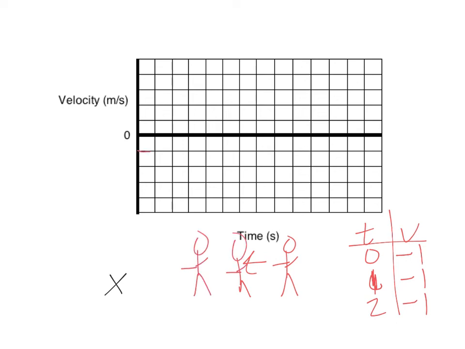And so you would see something like this. So if your velocity is below 0, if it's negative, that is usually going to indicate that you're moving to the left. So this person here is moving to the left at 1 meter per second. If we had somebody else graph like this, they would be moving to the left at 4 meters per second. And again, they're moving left because their velocity is negative.